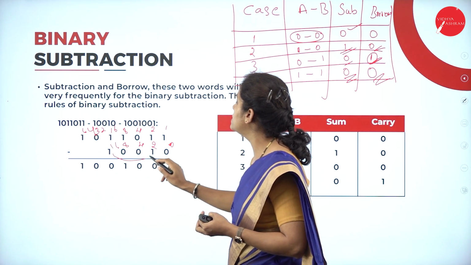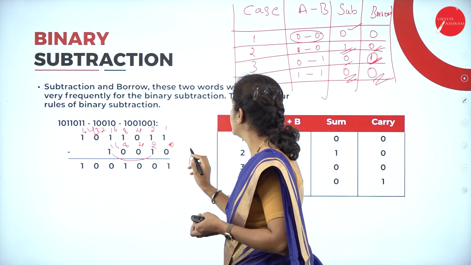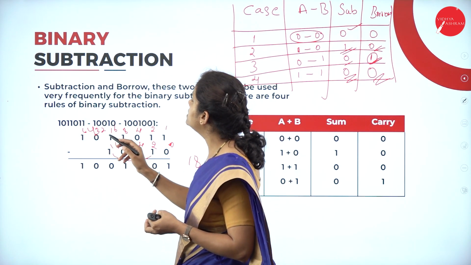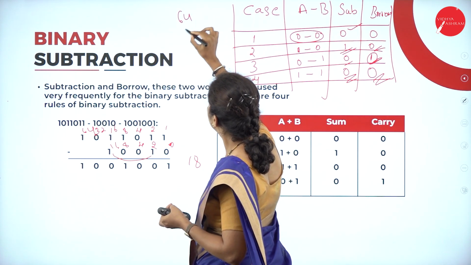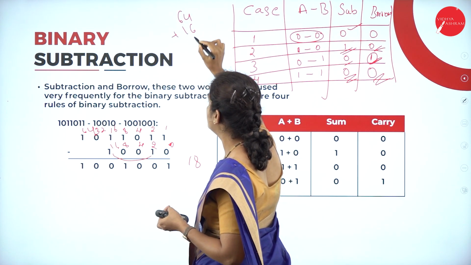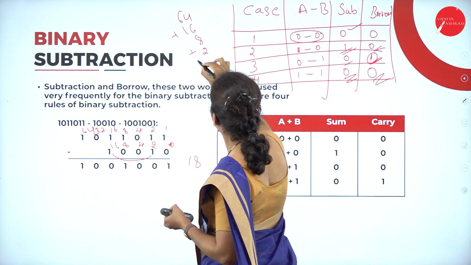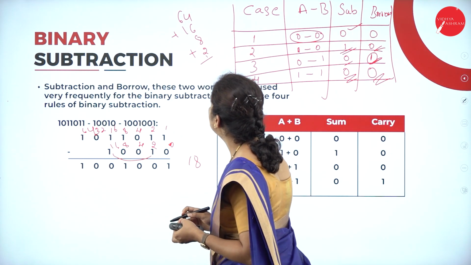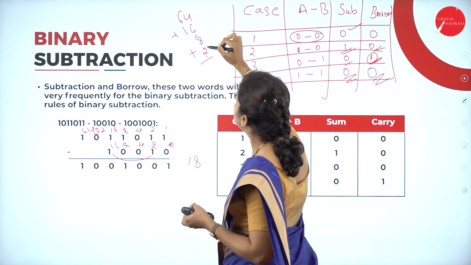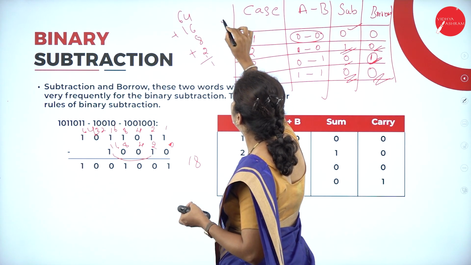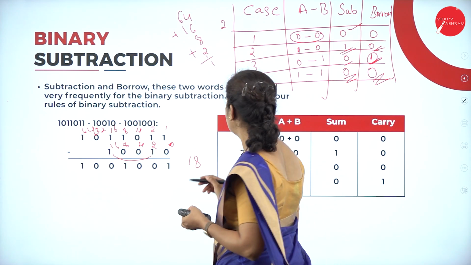That is 16 plus 2, it is 18. Then we have 64 plus 16, then we have 8, then we have 2, and we have 1.